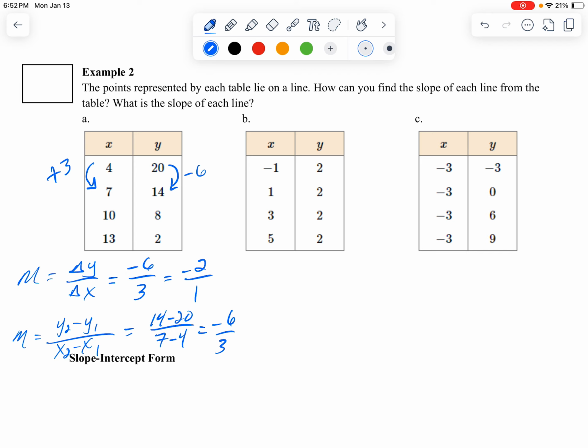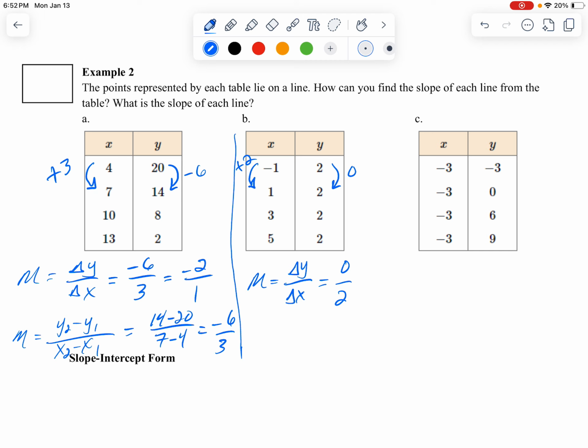B and C are going to be kind of unique results. Again, you may want to just try this on your own and then come back. So again, change in x, this is plus 2. Change in y is 0. There's no change. Okay, so if we're thinking change in y over change in x, that's going to give us 0 over 2.